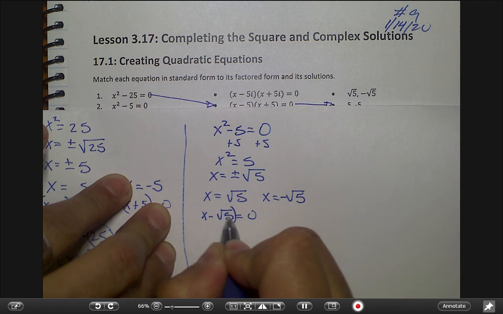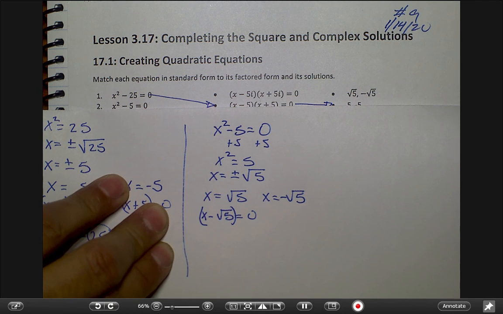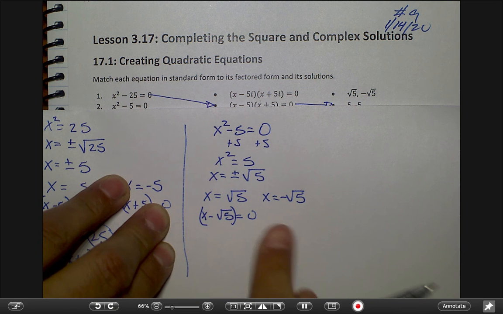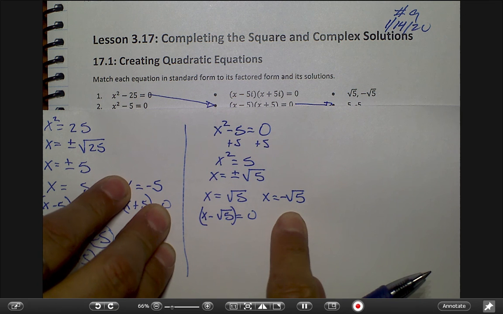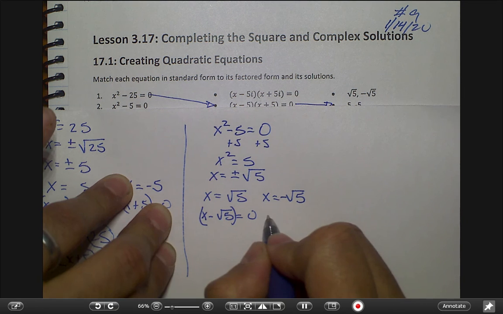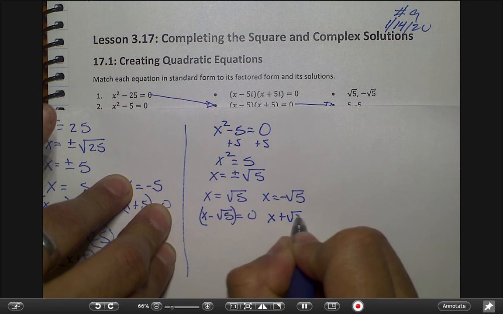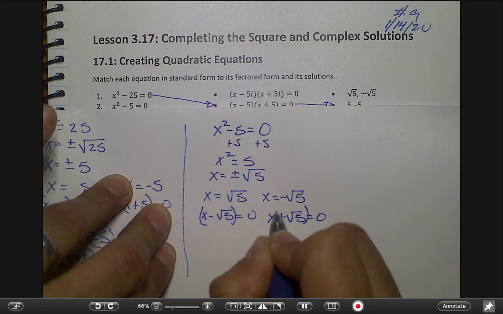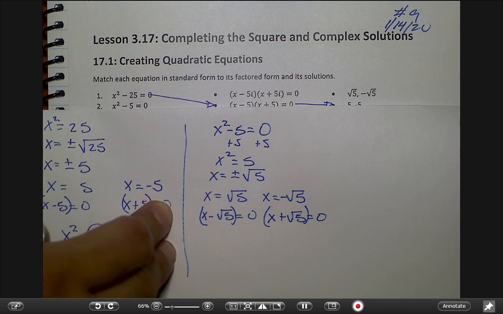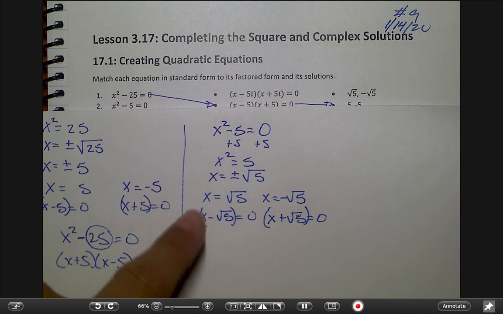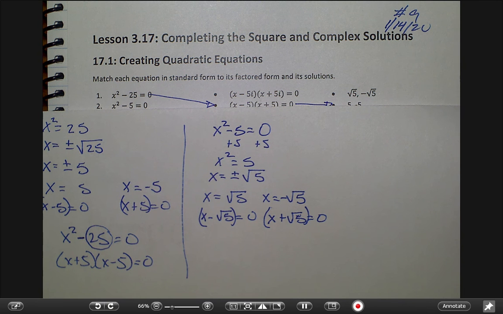Now that it's equal to 0, it is a factor. Same thing goes for this one. Add square root of 5. So x plus square root of 5 equals 0. Now it is a factor. So we're going from solutions to factors, and back and forth.